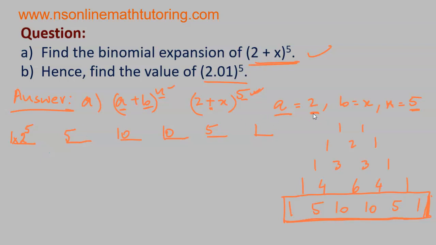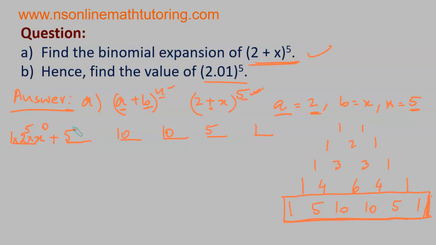And what is the value of a? It is 2. So 2 raised to the power of 5. And what will be the power of b? b's starting power is 0. b is x, so x to the power of 0. And there is this plus sign in between.